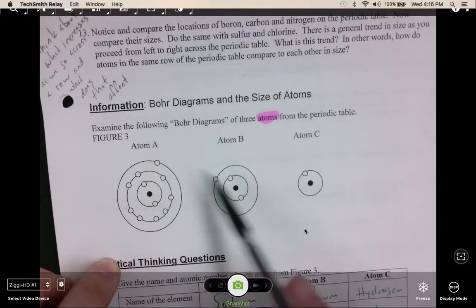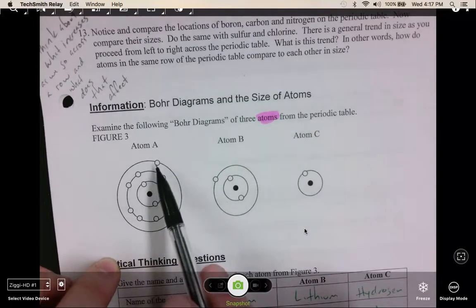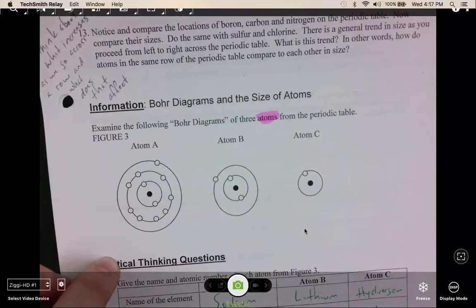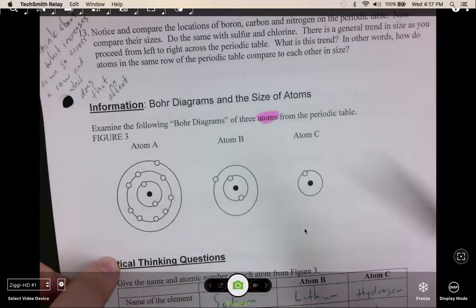Remember, valence electrons are the outermost energy level. So because they have the same number of valence electrons, they also have the same charge attraction. So there's something else that's affecting the size of the atoms. When you're looking at these questions, think about what increases as we go from atom C to atom A. Which one just looks bigger? And that will help you answer these questions.